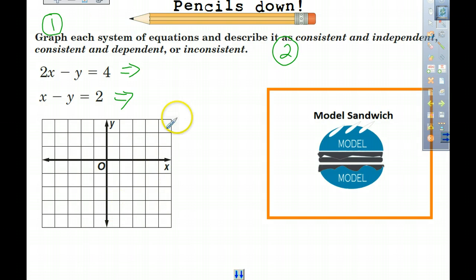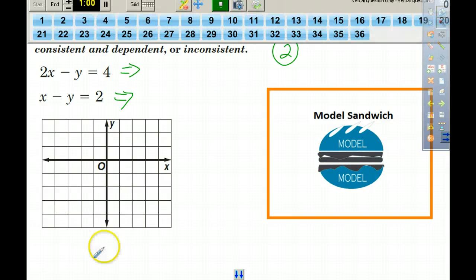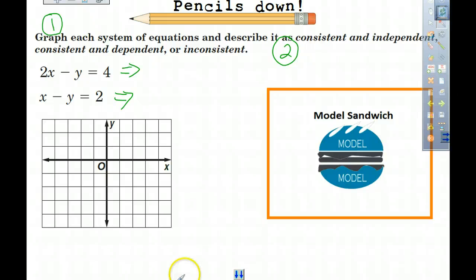Okay. Tell me, by using your clicker, what is the slope of the first equation? Let's plug that in. What is the slope of this first equation?